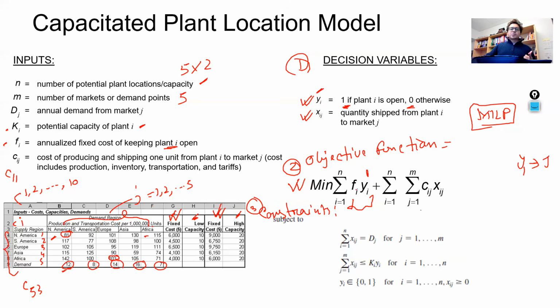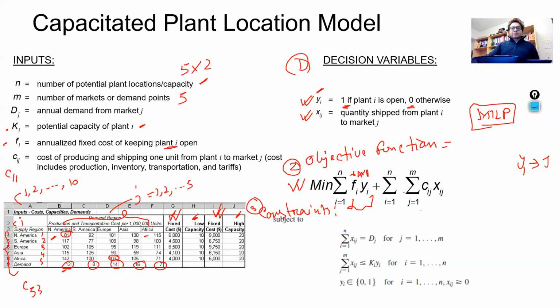North America could be y1. Then the cost of North America, 6,000, will be multiplied with 1. And if we find out with optimization that the value of y1 is 0, then 6,000 will be multiplied with zero, the value becomes 0, and there will be no cost accounted for this plant in our model. And so on.